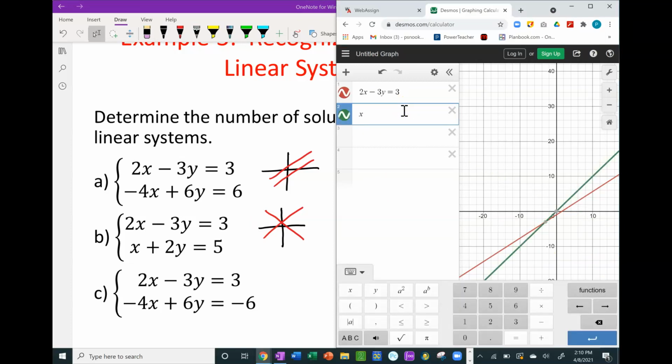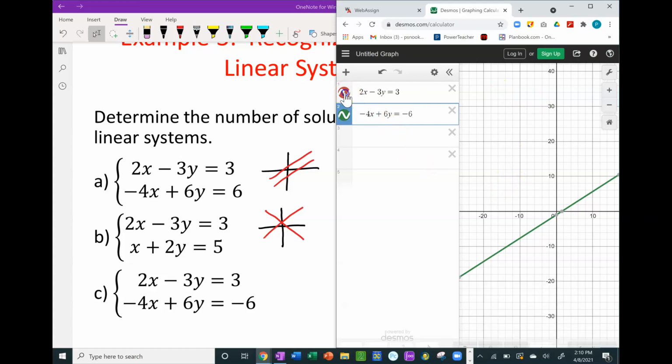This time we have negative 4x plus 6y equals negative 6. And check it out. So I'm going to turn off the red line, so all you see is the green line. Now let's turn on the red and turn off the green. Let's turn them both on. So what we see here is that the two lines are landing right on top of each other.